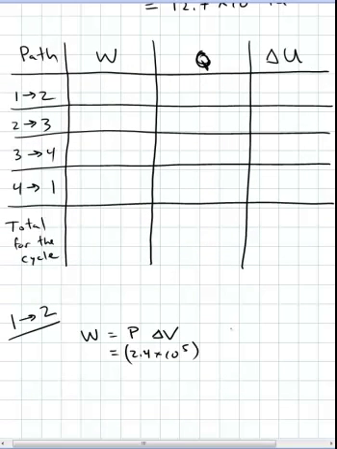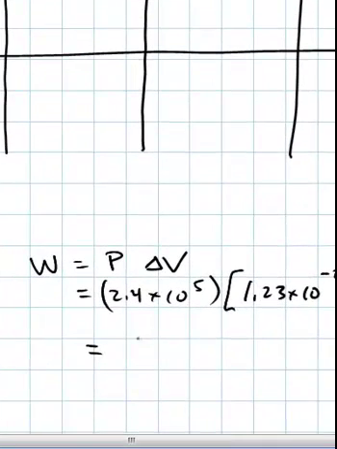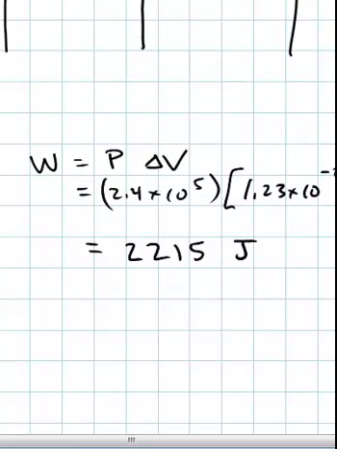The pressure, delta V. Remember, our deltas are always final minus initial, so that would be 1.23 times 10 to the negative 2 cubic meters multiplied by 3.07 times 10 to the minus 3. And I've got 2,215 joules positive. And it's positive because the gas is expanding, right? The gas is doing work on the environment. Positive work.